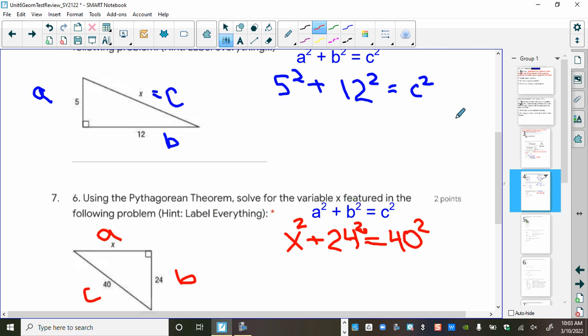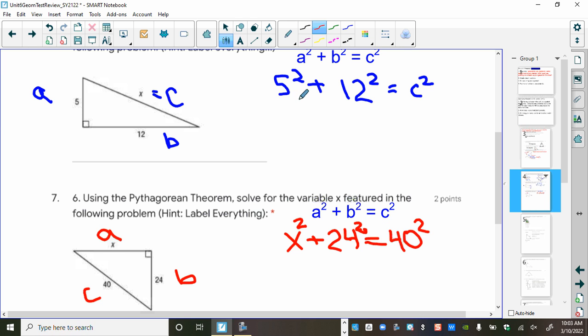Now, for both cases, when we solve, what do we have to do at the very end to get the variable by itself? It's two words. First word begins with an S, the other one begins with an R. Well, this one you're going to have to do some subtraction.